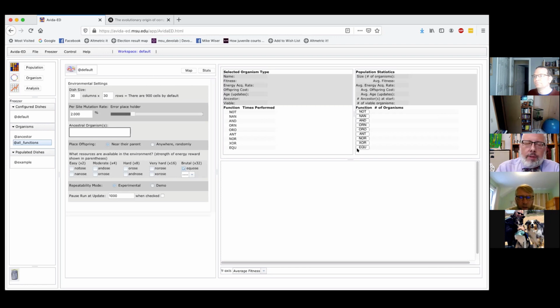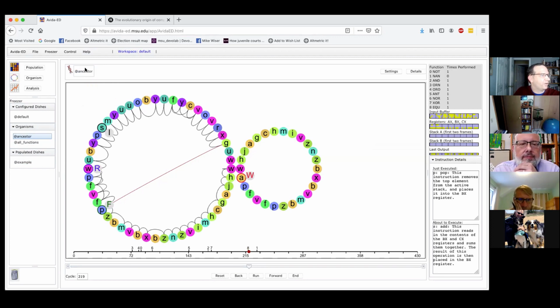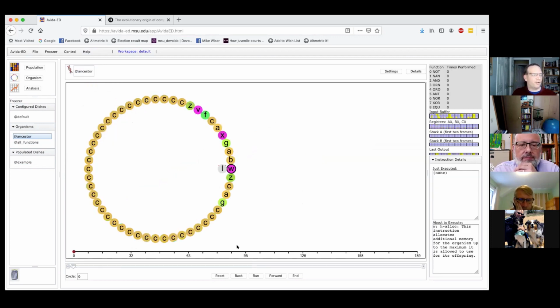Mike, as I play with Avida-Ed, I often see the offspring cost also evolve. So what are they doing that changes that? All right, so let's take a look at that. In our ancestor, you can see our ancestor is going to look a lot simpler than that evolved organism is. Notice that we just got a bunch of blank tape, but it's also only got an offspring cost of 189.